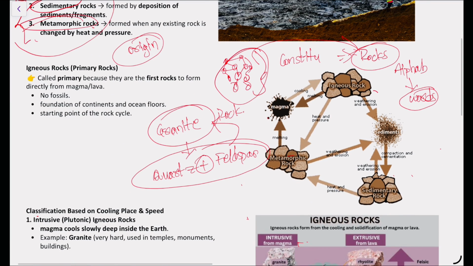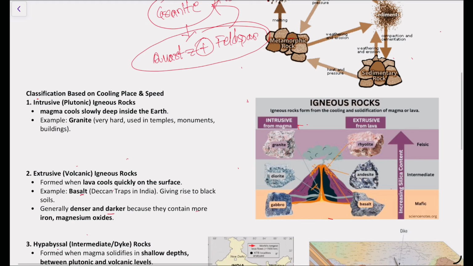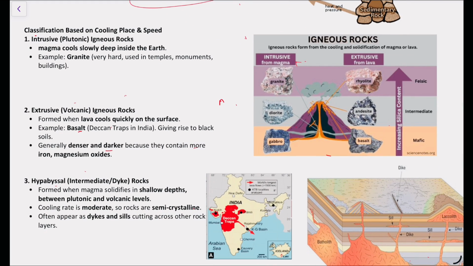So igneous rocks, how are they formed? Igneous rocks are formed because of the cooling of the magma. So they are called the initial rocks or the primary rocks, because these are the only rocks formed because of the cooling of magma, right?